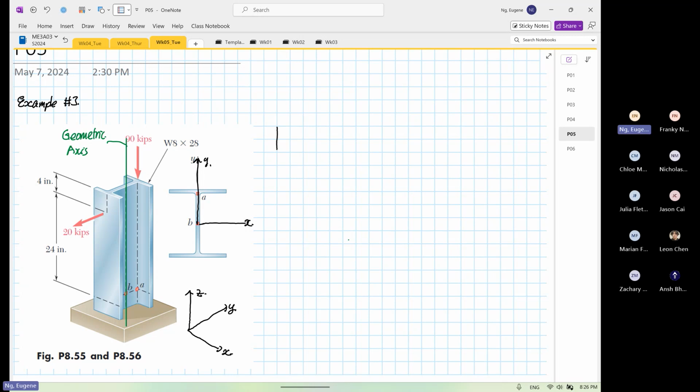So we put in our geometric axis. There is our geometric axis. Then I'll put in our elements. If I were to draw the hidden feature, there are lines over here. This is the web.